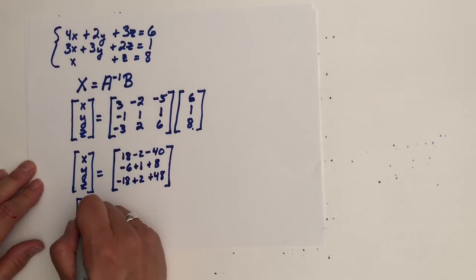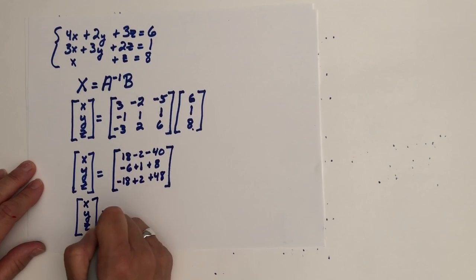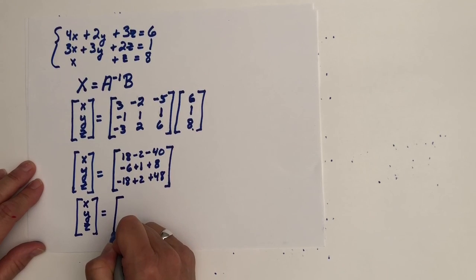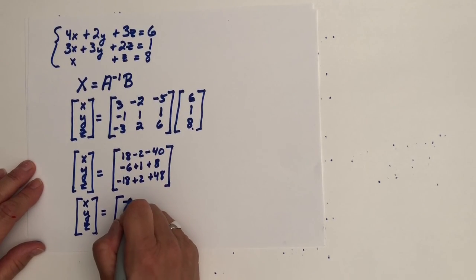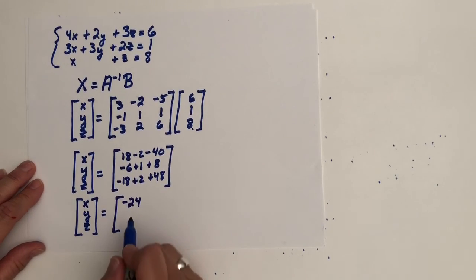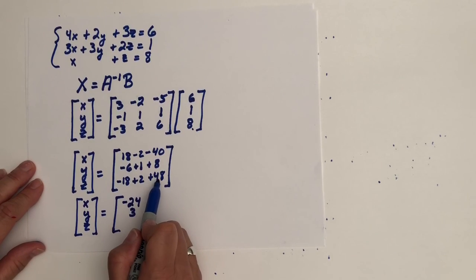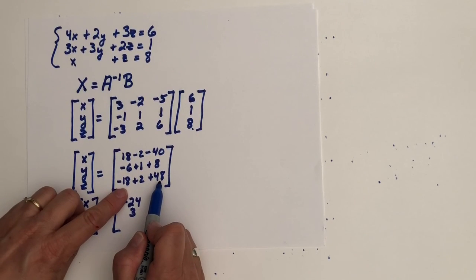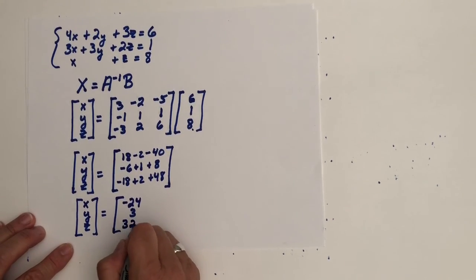So we have X, Y, and Z, and it will equal 18 minus 2 minus 40 is negative 24. Negative 6 plus 1 plus 8 is 3. Negative 18 plus 2 plus 48, let's see, we have 30 when we add those, plus 2 is 32.